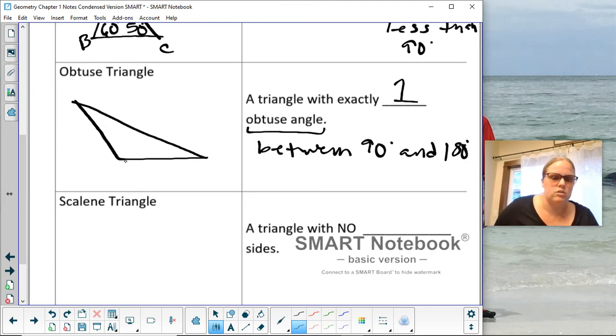So again, I want to make sure that I'm emphasizing that one corner and not just visually looking obtuse, but I want to have some documentation. So I'm going to put in the number 100 because that is a number between 90 and 180 degrees. Again, you could mark it as a corner and you could say the measure of angle C is less than 180, but greater than 90.